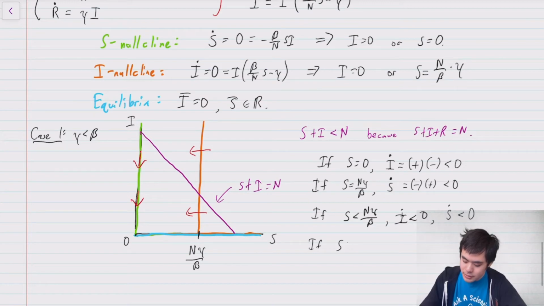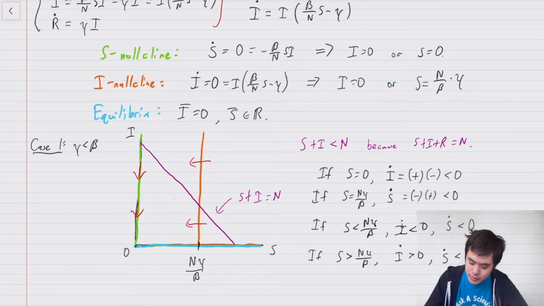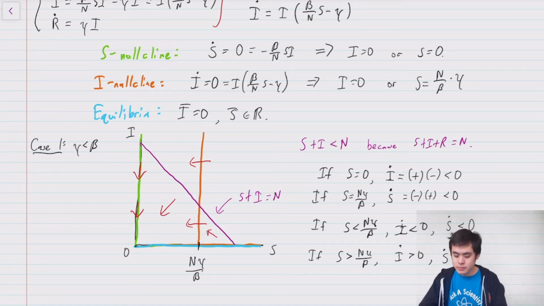And if S is greater than n gamma over beta, then we know that I dot is greater than 0, but S dot is still less than 0. And so what we end up with is these arrows. Oh, sorry, that's the wrong way. And this is our phase portrait.